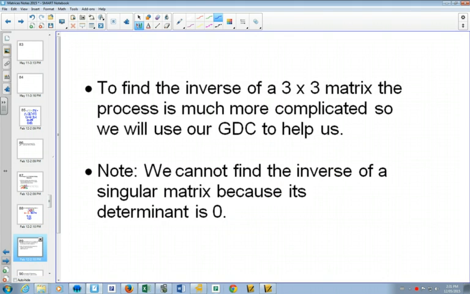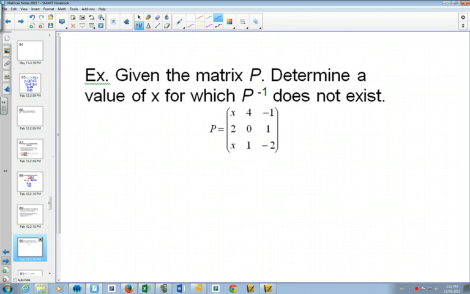Again, we remember that we can't find the inverse of any matrix if the determinant is 0. That's the same for 3 by 3 or 4 by 4 and so on. And we're going to use our calculator to find the inverses. So here's a matrix P. And now we're going to try and figure out a value of x for which P inverse does not exist.